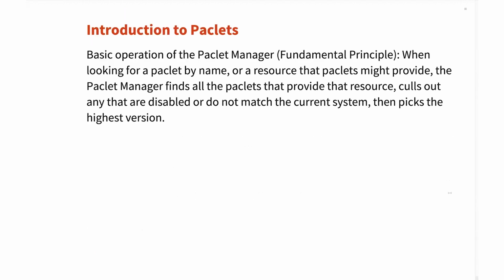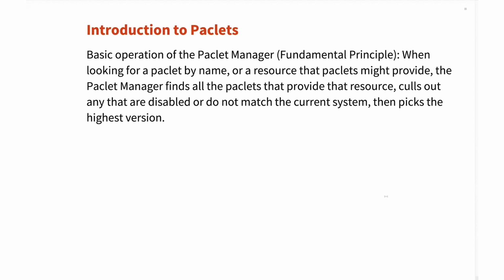The fundamental principle of the Paclet Manager is that whenever the system goes to look up a Paclet by name, or some resource that a Paclet might provide, the Paclet Manager finds all the Paclets that could provide the resource. It culls out any that are either disabled by the user or don't match the current system.